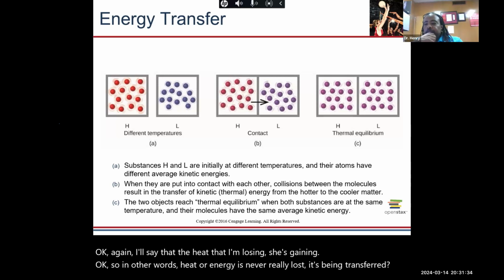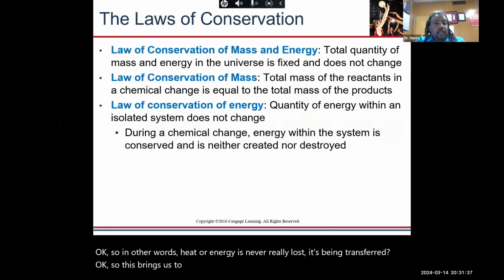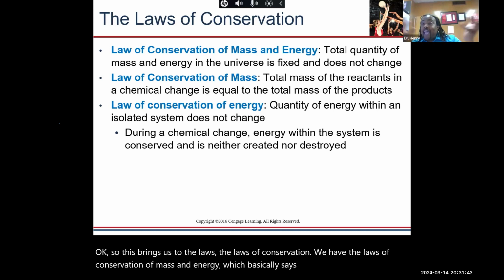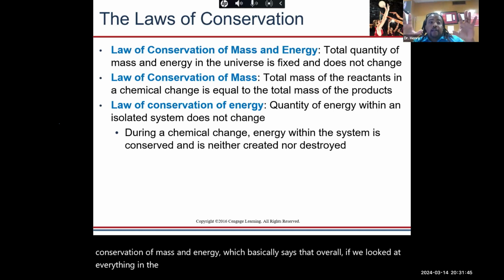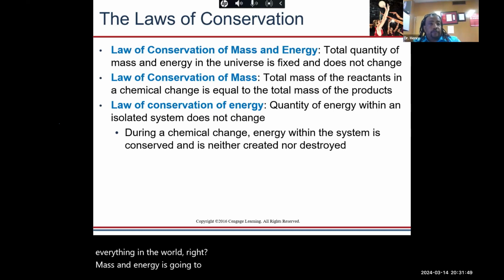So, this brings us to the laws of conservation. We have the laws of conservation of mass and energy, which basically say that if we looked at everything in the world, mass and energy are always going to be conserved. That means it's going to be fixed and it doesn't change.